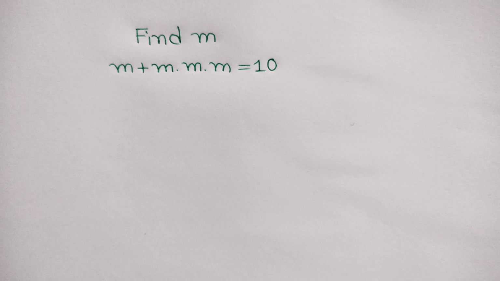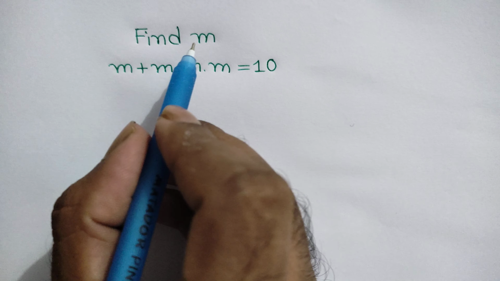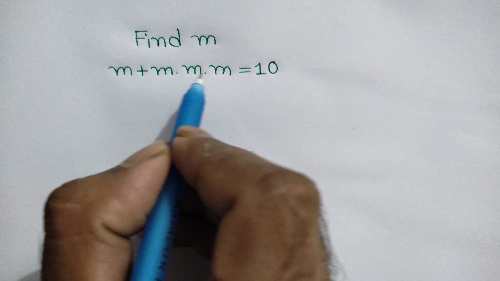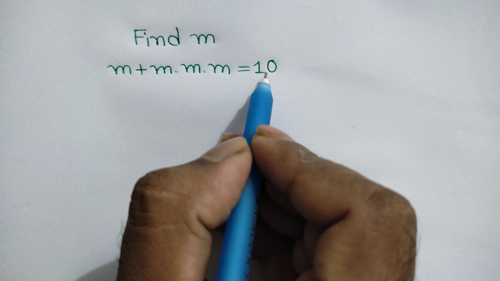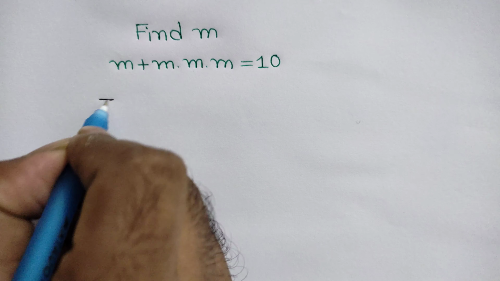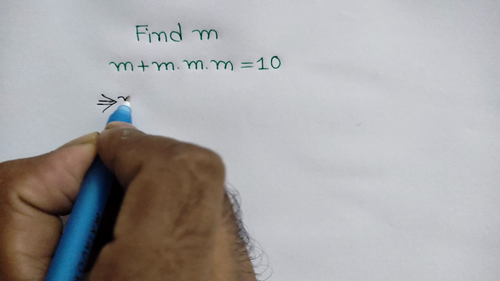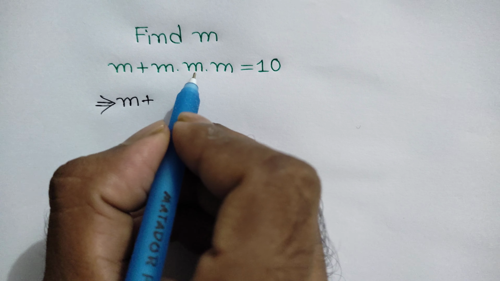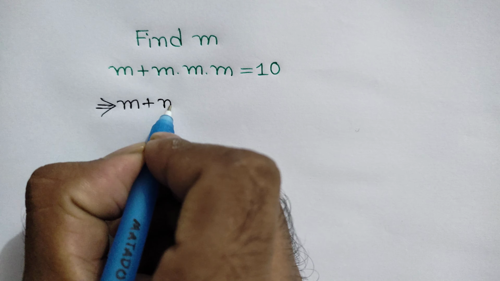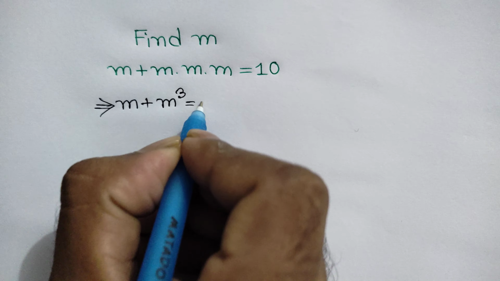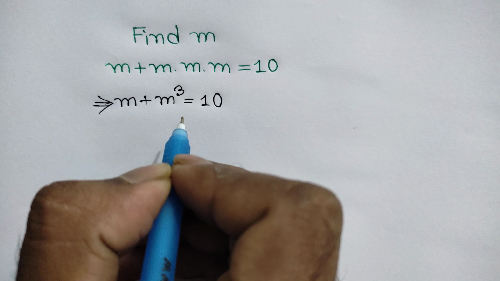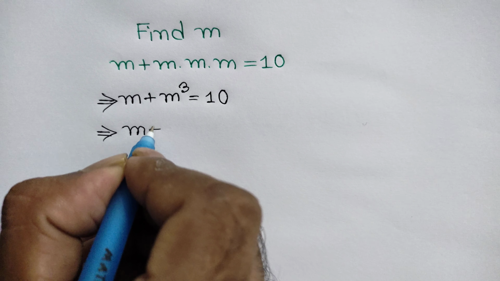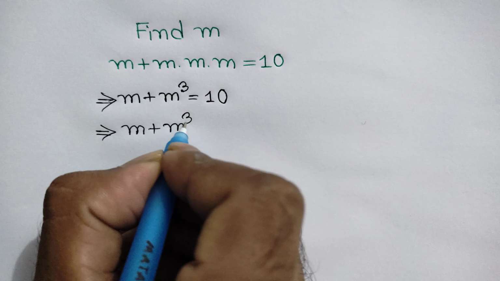In this video I am going to show how to find the value of m, where m plus m times m times m is equal to 10, or m plus m times m is m square times m is m cube is equal to 10, or m plus m cube.